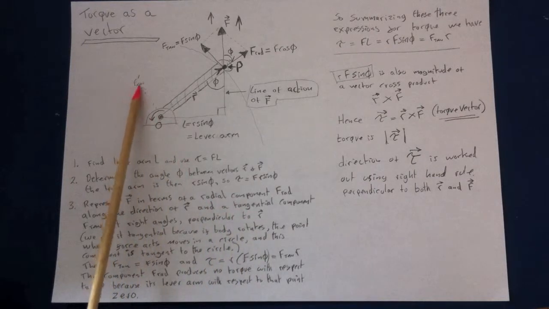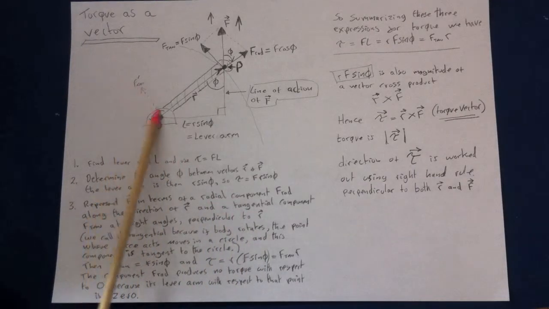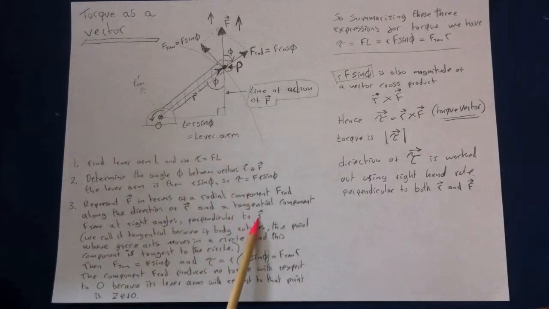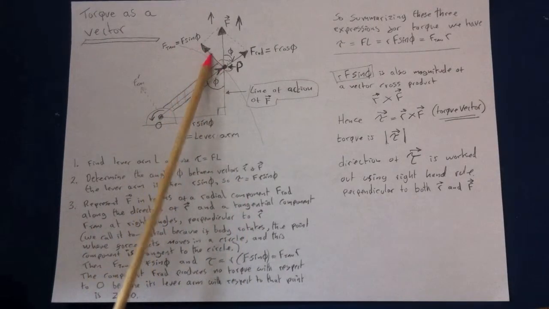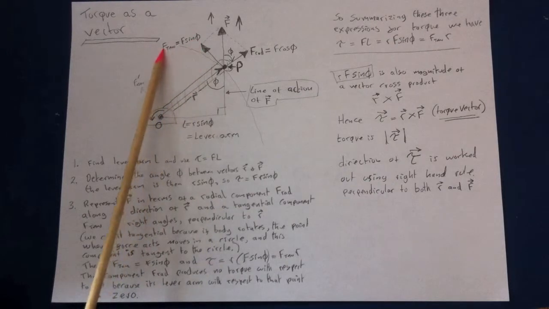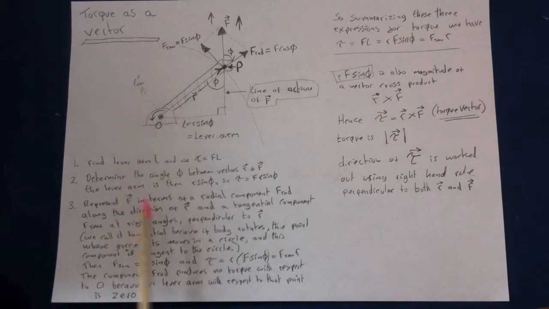I've drawn a ghost version here. It's at right angles. So that's really this component here, F sine theta, or F tan, as I've written it here. We call it tangential because if the body rotates, the point where the force acts moves in a circle, and this component is tangent to the circle.